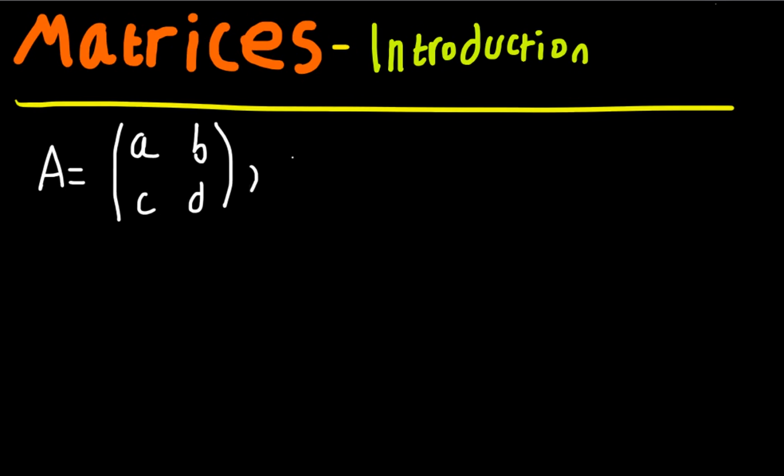Its order is 2 by 2. Remembering, quite unorthodox in style, we list the amount of rows before the amount of columns. So we describe that as 2 by 2, and then we'll also go on to say that it's actually a square matrix, as the amount of rows equals the amount of columns.